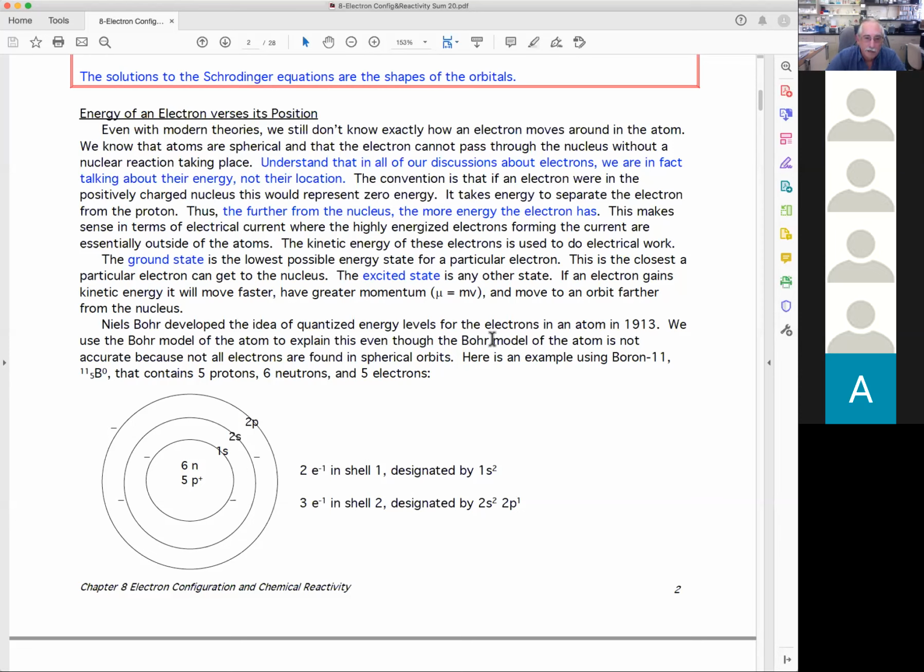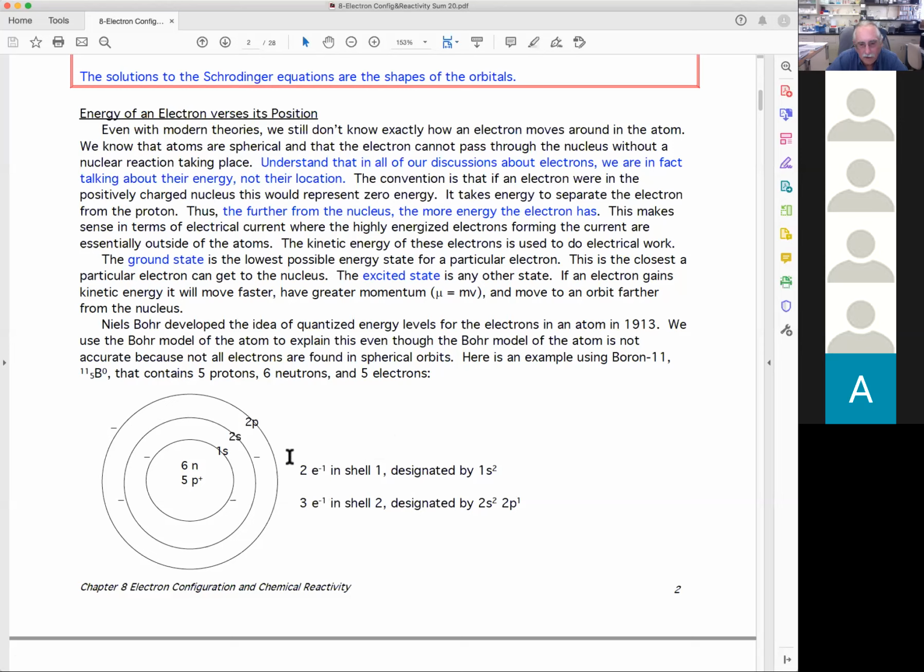Niels Bohr developed the idea of quantized energy levels for electrons in about 1913. And we used the Bohr model of the atom to explain what we're doing right here, even though we know it's wrong. So what is wrong with this?